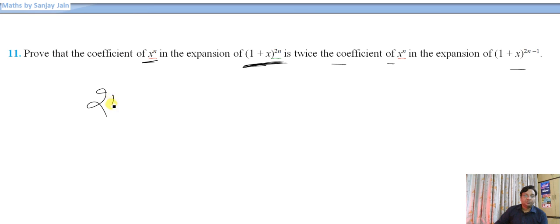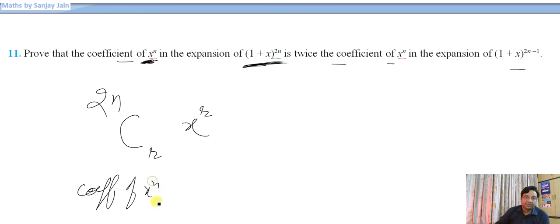It will be 2n c r, and then x raised to power r. So what will be the coefficient of x raised to power n? When I replace this r with n, it will be equal to 2n cn x raised to power n, right? So this will be the coefficient.